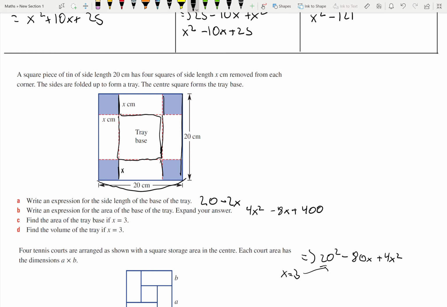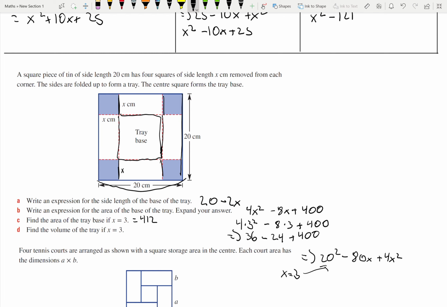Now we substitute x into this, so x equals 3. 4 multiplied by 3 squared minus 80 multiplied by 3 plus 400. That would equal 36 minus 240 plus 400, and when you calculate that, it equals 412.